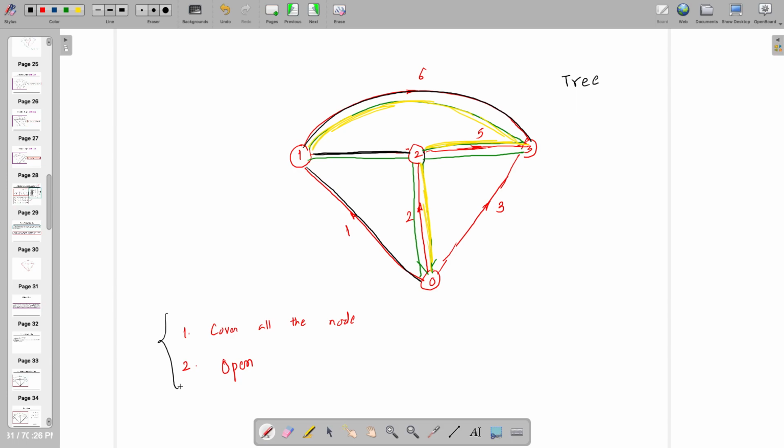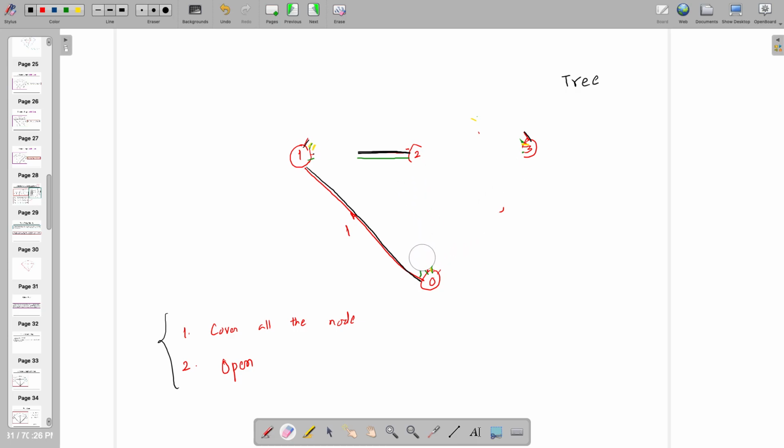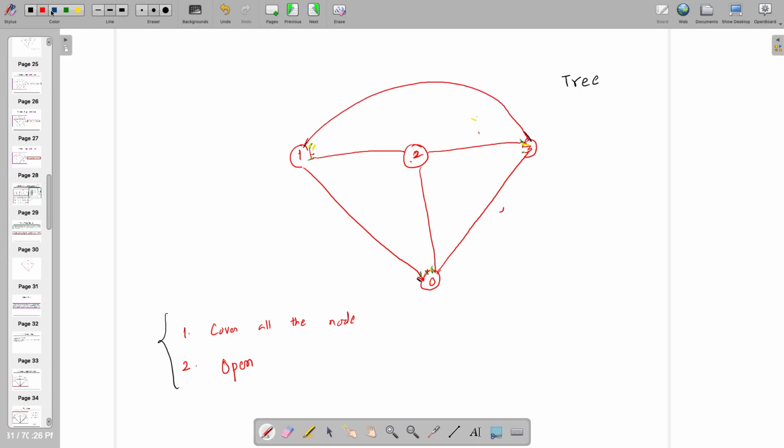When you are drawing the tree, let's assume that I am drawing the tree. If I'm choosing this as a tree, some other guy can choose another tree also.